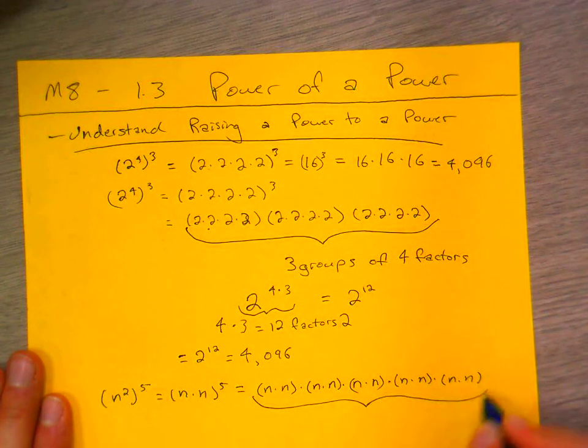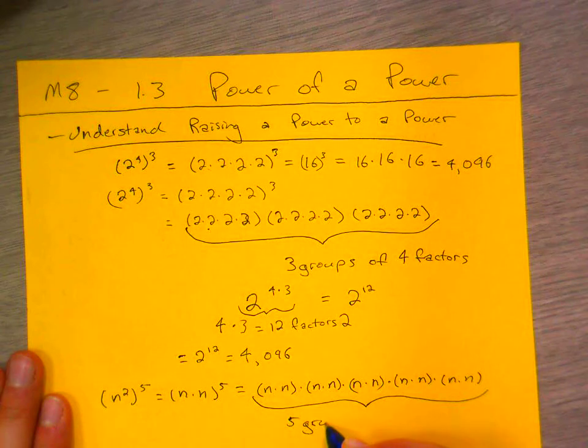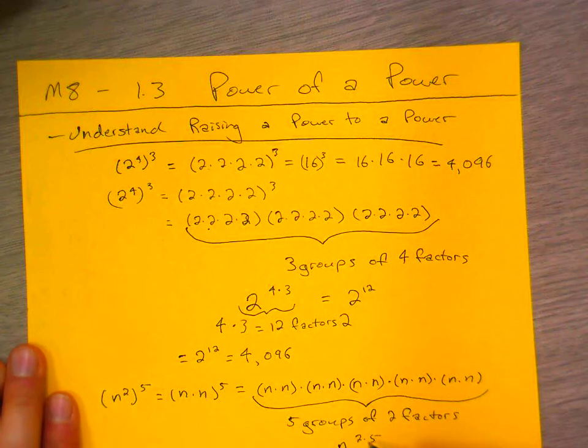And we end up getting 5 groups of 2 factors. 5 groups of 2 factors is 2 times 5; we use the power of a power property. This gives us 2 times 5, which equals 10 factors of n. That makes our whole expression equal to n to the power of 10.